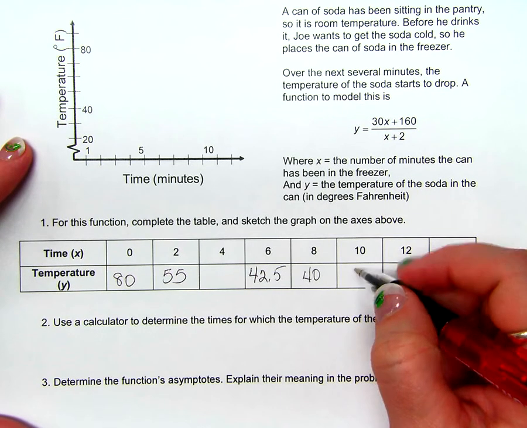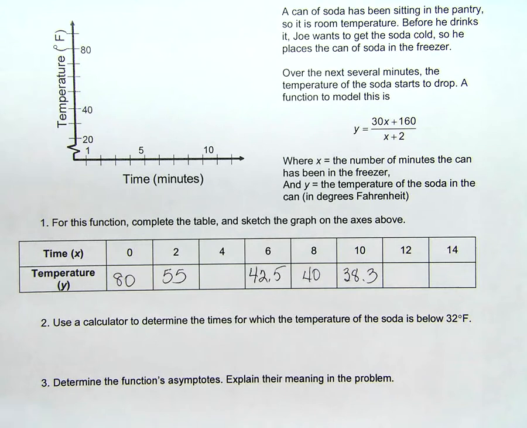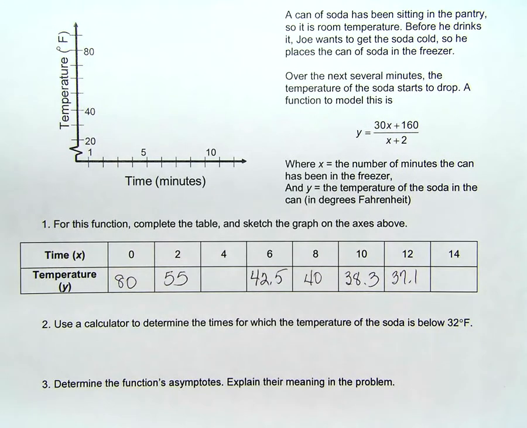10 is 38.3. Thank you. 12 is 37.1. Thank you. There's still some people in the room who haven't participated at all. I note that and take off points.